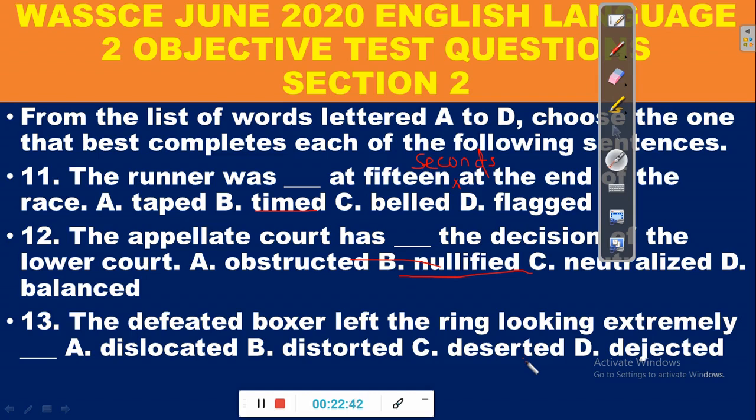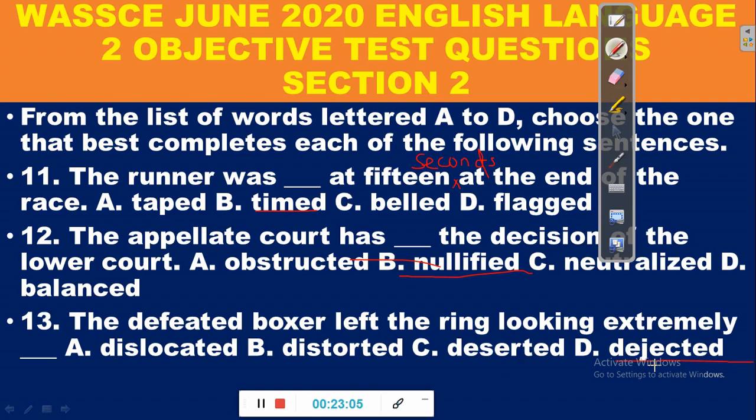So that's the meaning of deserted, but you cannot say the boxer left the ring looking extremely forsaken. No, that doesn't fit in well. D is dejected, and that is the appropriate meaning, because when we look at dejected, the meaning is downcast.